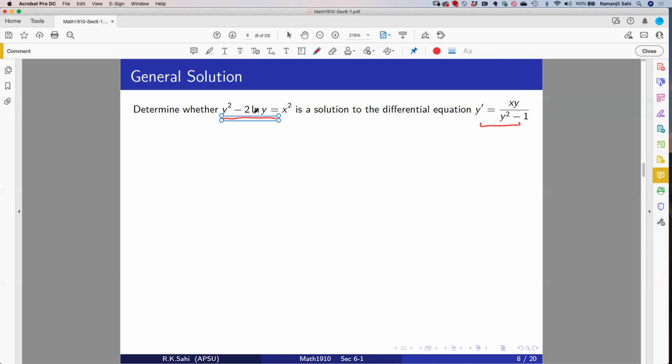Okay, now let's look at the equation which is given to us. Clearly, this equation, notice, is an implicit equation. So if I want to check whether this implicit equation is a solution, and find it the usual way we have been doing, it's not going to be easy because it's very difficult to get y on one side and everything else on the other side.